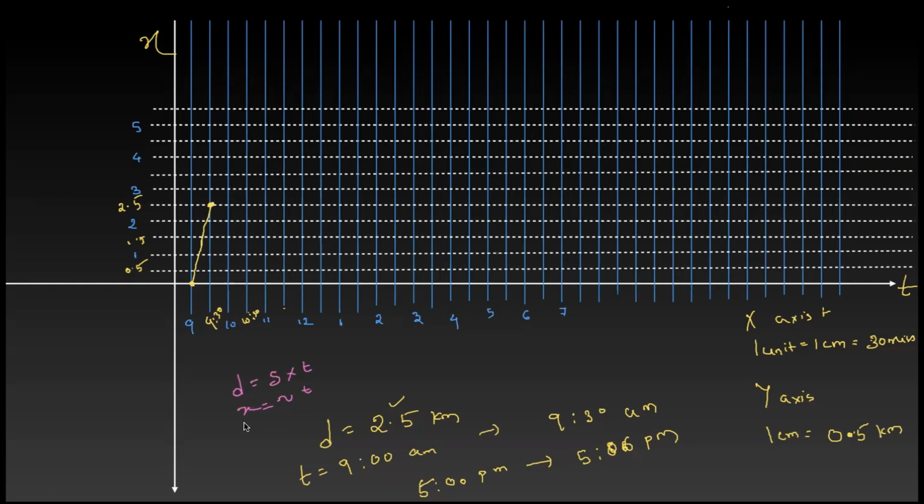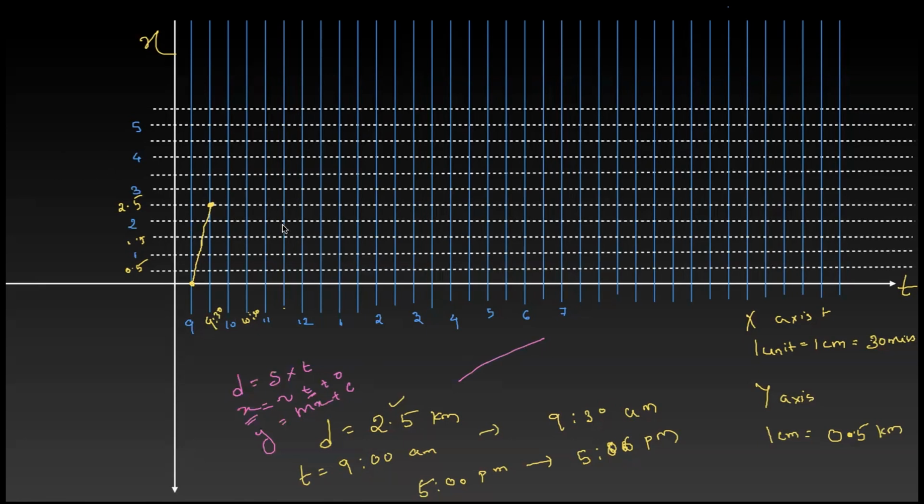This is of the form y equals mx, which is the equation of a straight line. That is why you are getting a straight line. I hope this is clear.